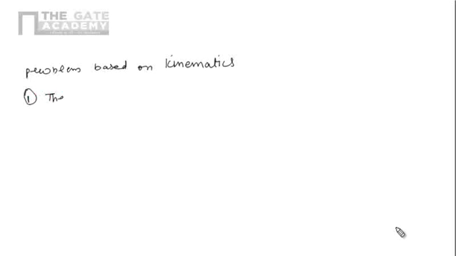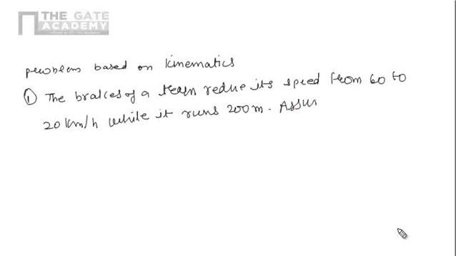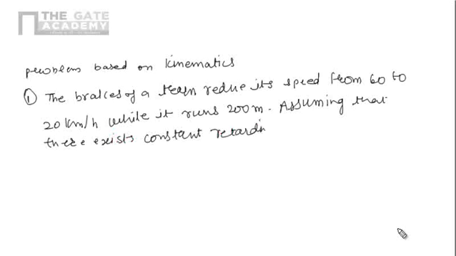The problem states like that: the brakes of a train reduce its speed from 60 to 20 km per hour while it runs 200 meter, assuming that there exists constant retarding force.